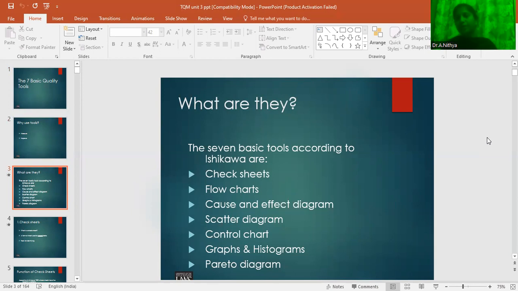These 7 basic tools are otherwise known as traditional tools, old 7 tools, or basic 7 tools. Problem solving is an integral part of process improvement in a TQM organization.